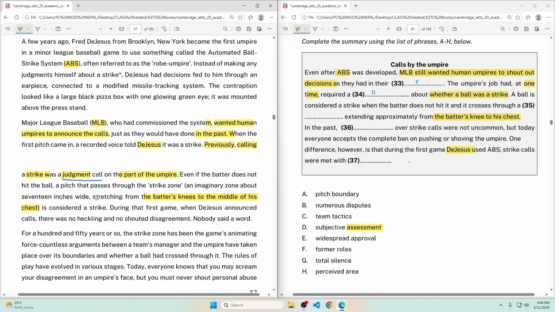Extending means stretching, right? So this sentence will provide us answer for question number 35. It crosses through a, that passes through the strike zone, an imaginary zone about 17 inches wide.